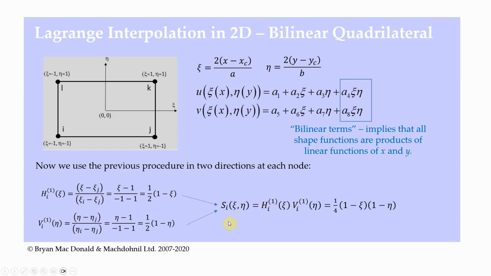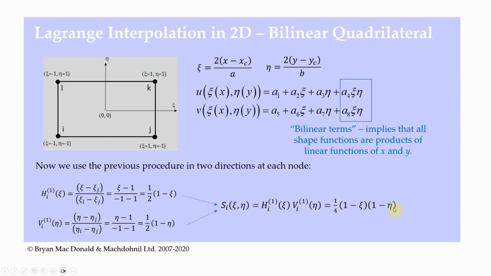So SI, which is a function of eta and neta, is going to be the horizontal part we just worked out multiplied by the vertical part we just worked out, which is a quarter 1 minus eta, 1 minus neta, which is the shape function for the bilinear quadrilateral element.